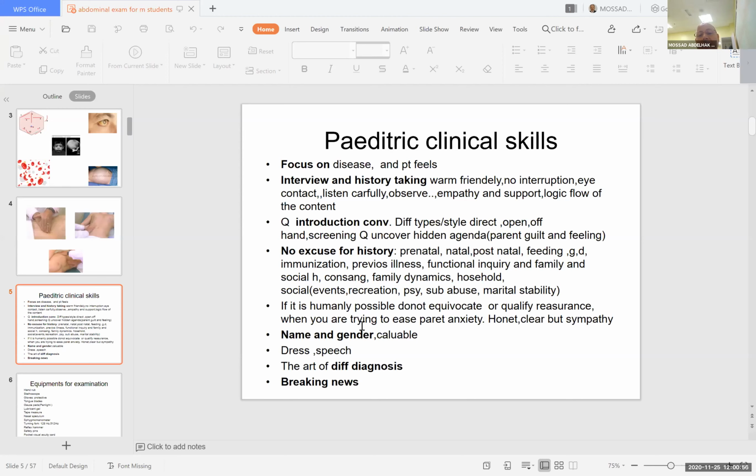Name and gender are very important, to know if it is a boy or a girl, because of X-linked disease like that, okay? You must have good dress and good speech and have both the art of differential diagnosis and speaking with the family.